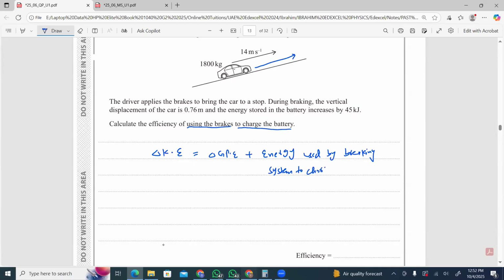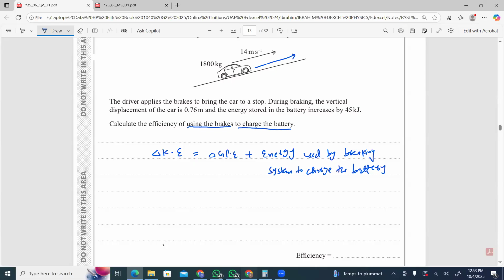to charge the battery. So this equation is something that you have to make yourself in the exam, because it is written calculate the efficiency of the brakes to charge the battery. So it means the energy has to be shifted into the battery through the available energy, because the law of conservation of energy says you cannot create energy, you just transfer energy from one form to another form.